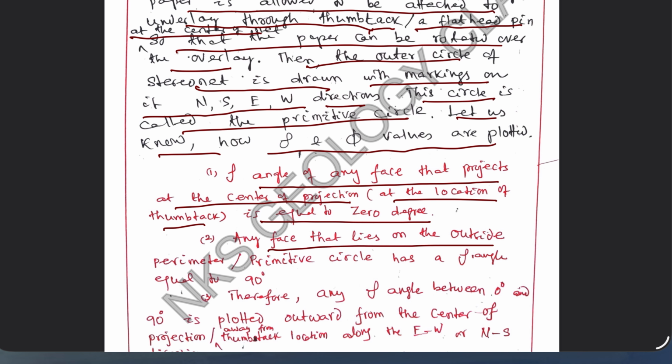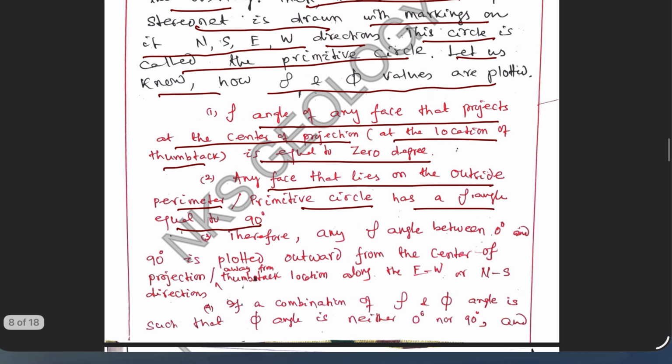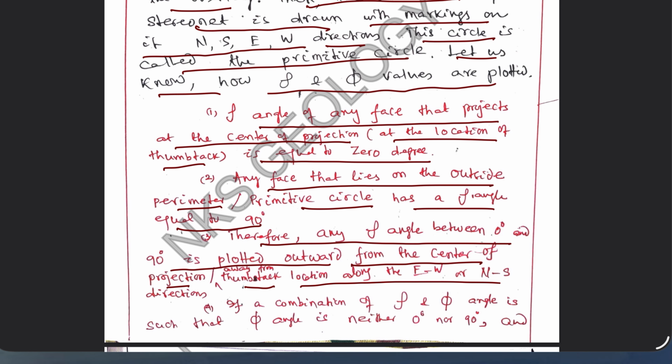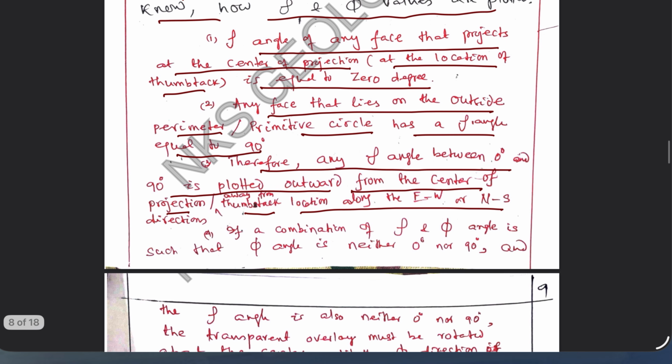Any face that lies on the outside perimeter of the primitive circle has a rho angle equal to 90 degree. Therefore, any rho angle between 0 to 90 is plotted outward from the center of the projection, away from the thumbtack location, along the east-west or north-south direction.